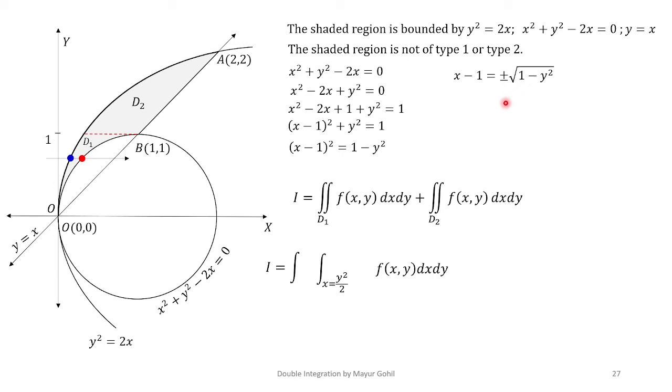Now comes the difficult part. Which equation should we choose? Should we choose the positive part or the negative part? Some of you will say that we should go for the positive part, and some of us will be in confusion. Let me remove this confusion.